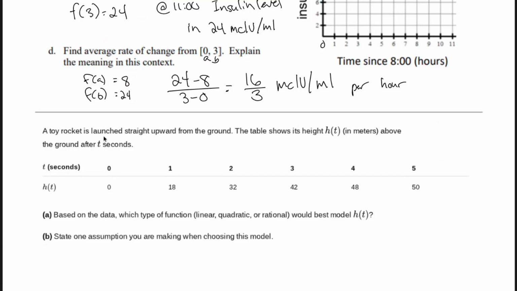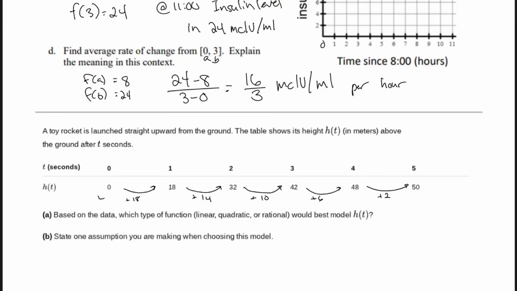A toy rocket is launched straight upward from the ground. The table shows its height above the ground after t seconds. We know what's going to happen. We know that this is going to be quadratic, but let's just see why. You add 18, then add 14, add 10, add 6, add 2.